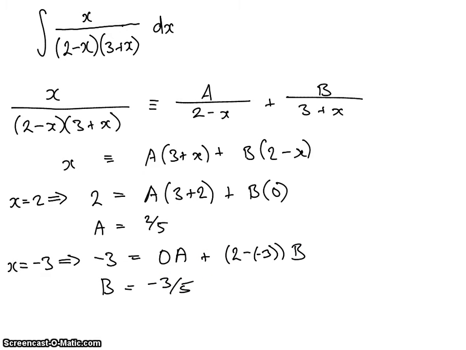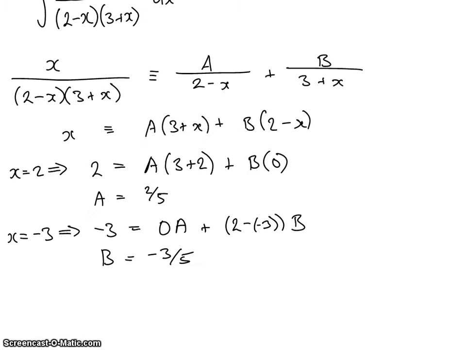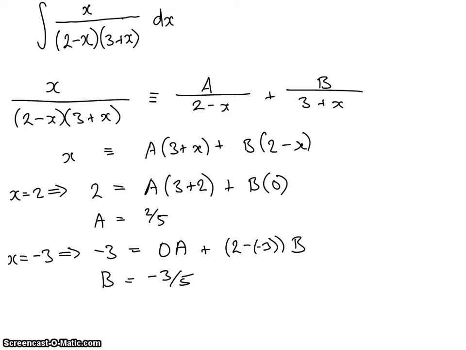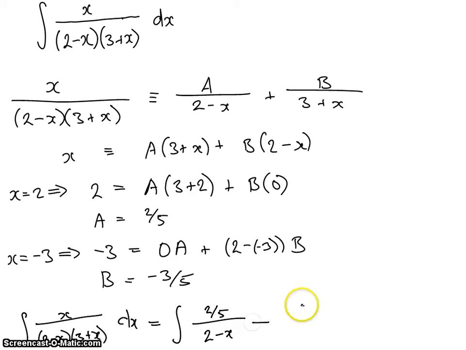So now that I know that, I can rewrite my integral, can't I? The integral of x over (2 take x)(3 plus x) dx is actually equal to the integral of 2 over 5 divided by 2 take x, minus 3 over 5 divided by 3 plus x dx.